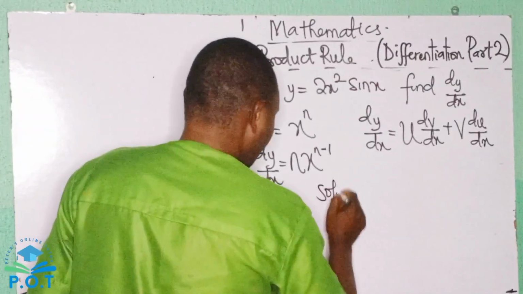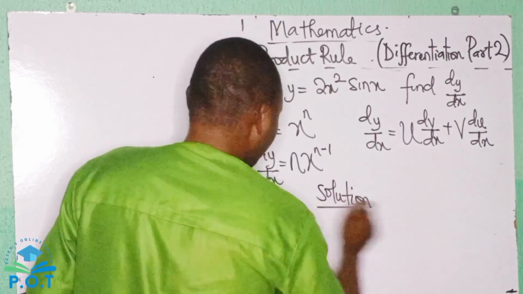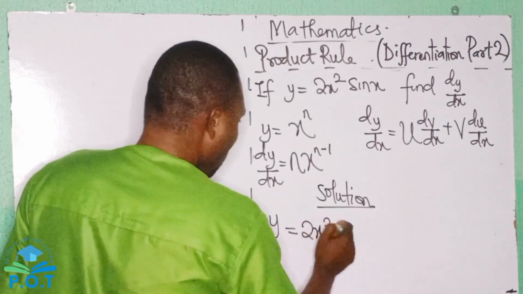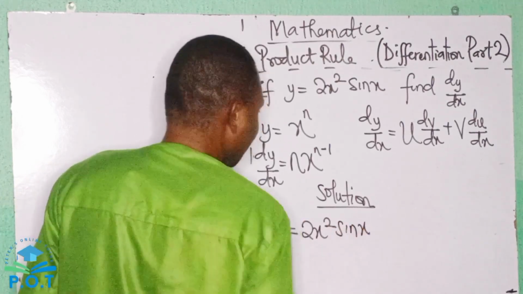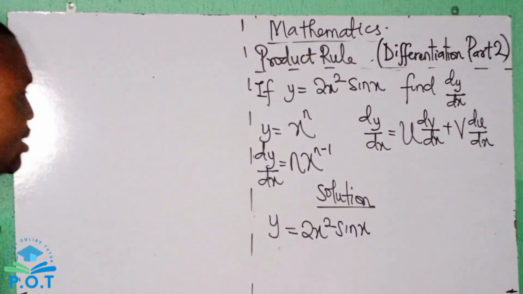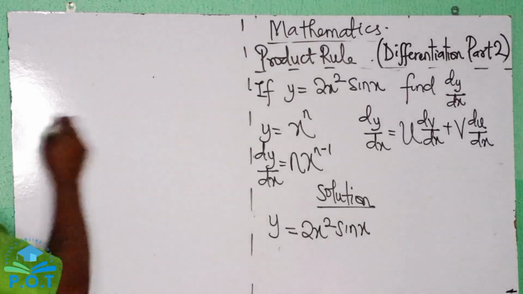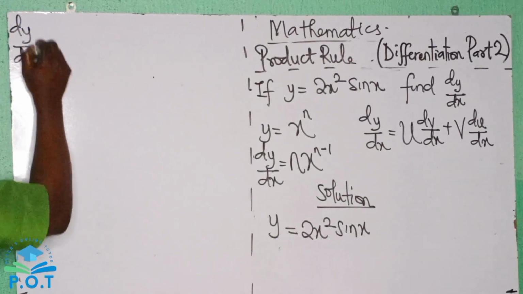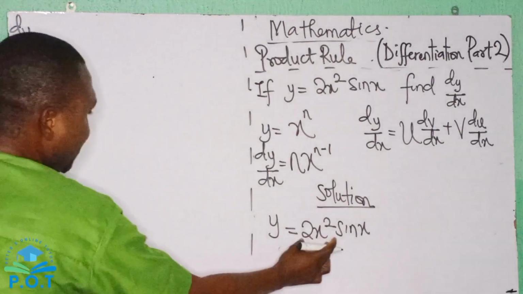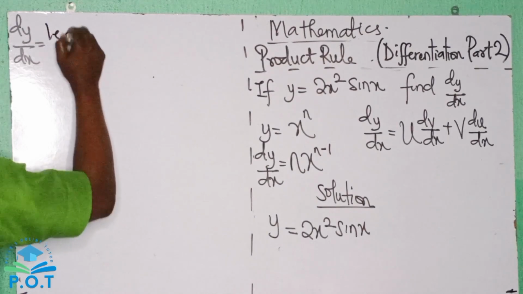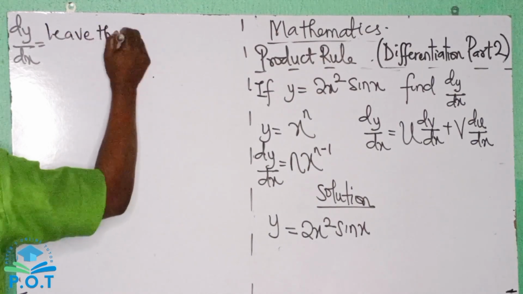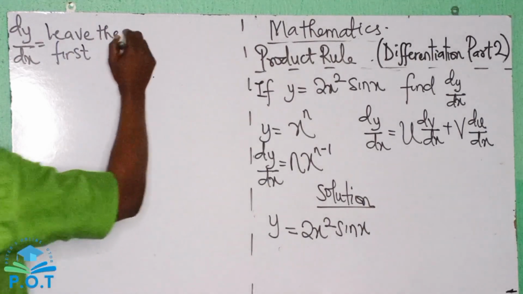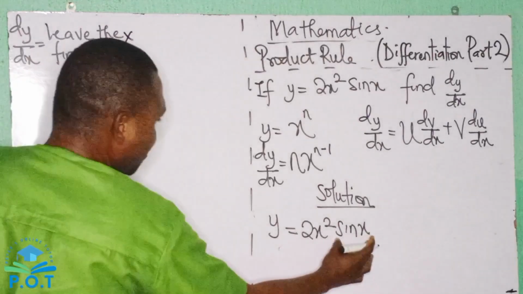Solution. If I have y equals 2x squared sine x, now to differentiate this, it's going to be dy dx equals, you leave the first, times differentiate the second.